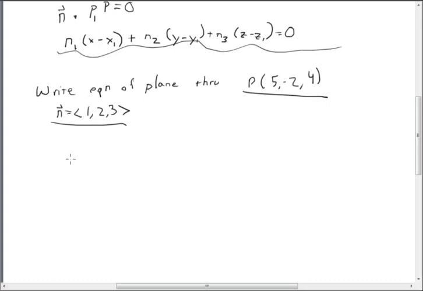So n1 is 1, times x, this is your variable x, minus 5, that component, plus n2, which is 2, times y minus negative 2, so it's plus 2, plus 3 times (z minus 4) is equal to 0.